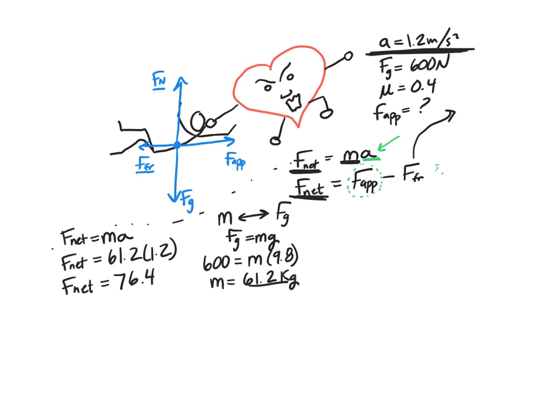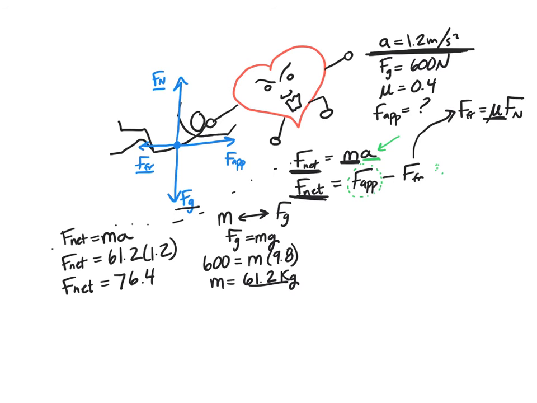Well, the equation for force of friction is mu times your normal force. They gave us mu, that's no problem. The coefficient of kinetic friction. So we can say, all right, we know that guy. And the other thing we're going to need to know is our normal force. They didn't directly give it to us, but they basically did.